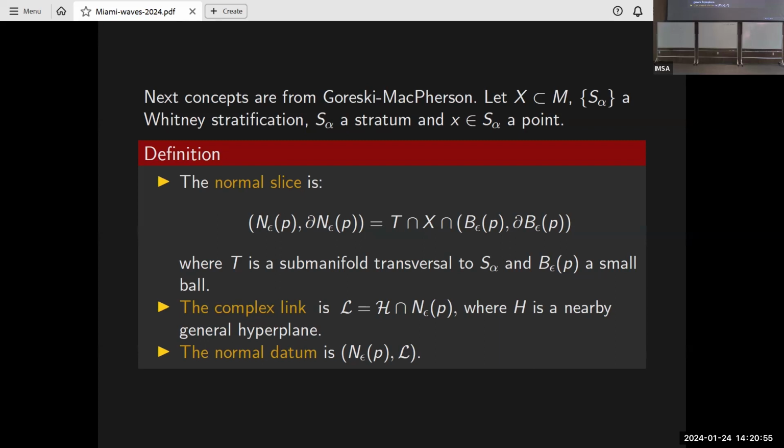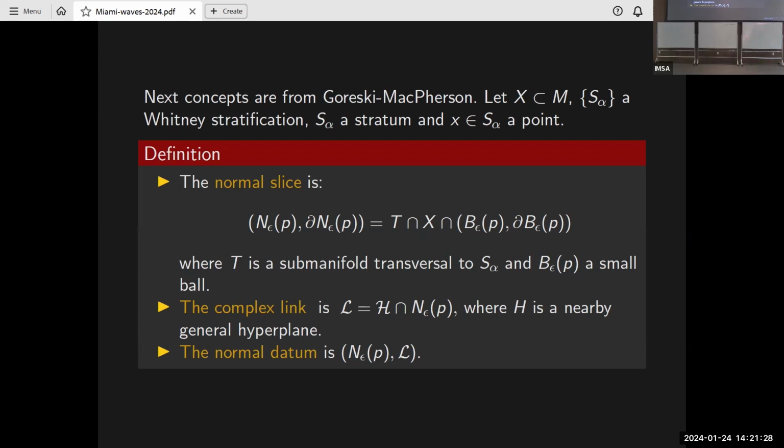Whenever you have a singular variety and a Whitney stratification, you can look at each stratum at a normal slice, which is a transversal intersected with a small ball, intersected with the singular variety. Then within this, you can take an intersection with a generic linear function. So this one is called the normal link, and this one is called the normal Milnor fiber.